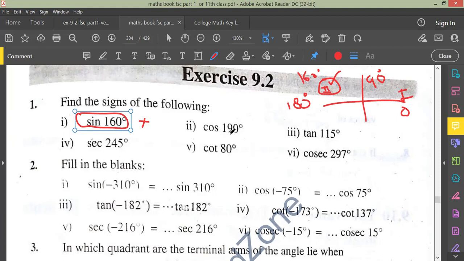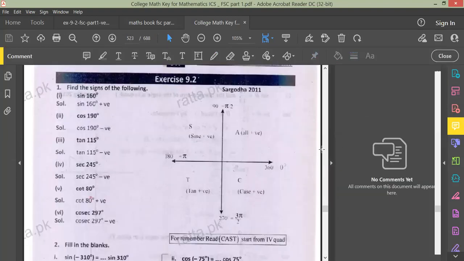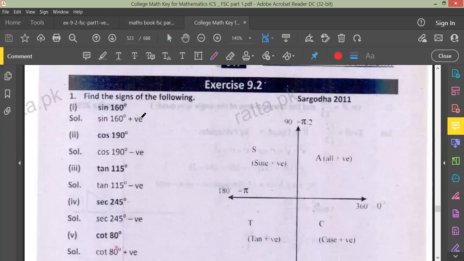We can look at the solution of this exercise here. Sine 160 is in the second quadrant, so it is positive. Cos 190 is in the third quadrant, where cos is negative, so this will be negative. Tan 115 will be negative.